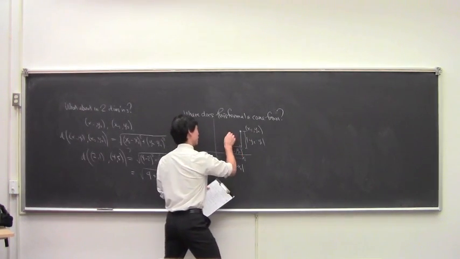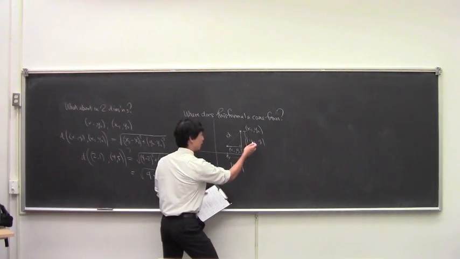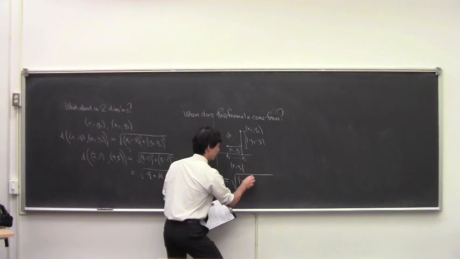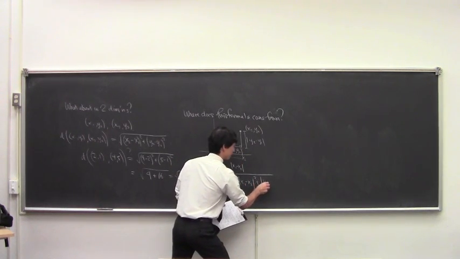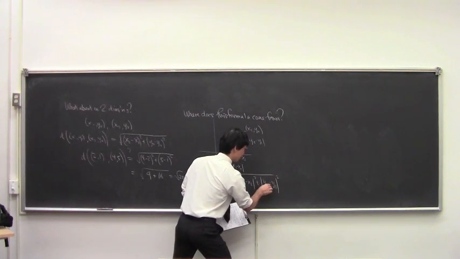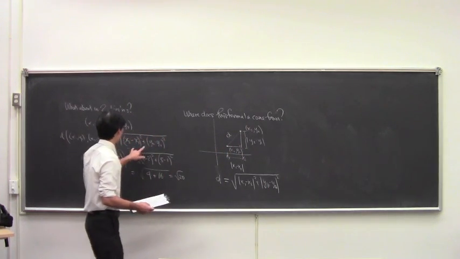So this length, d, I'll call it, is going to be the square root of a squared plus b squared. And maybe we can make it consistent with y1. Okay, which is the same thing as what we wrote up here, right?